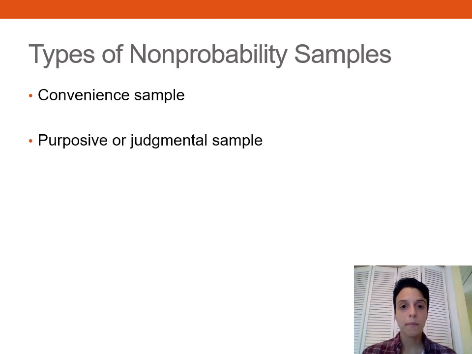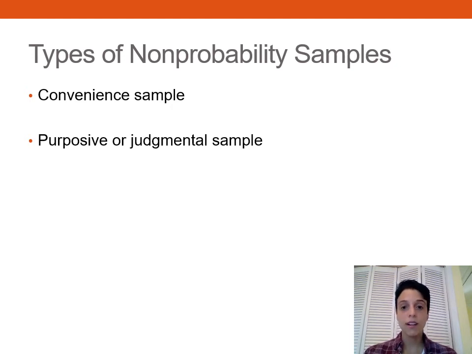Another type of non-probability sample is a purposive or judgmental sample. These are samples in which elements are selected very carefully because of their usefulness in giving insight into the population that you're looking for. Purposive or judgmental samples might be used in cases where you want to understand serial killers, for example. You can't do a probability sample of serial killers because there's no list of serial killers out there.